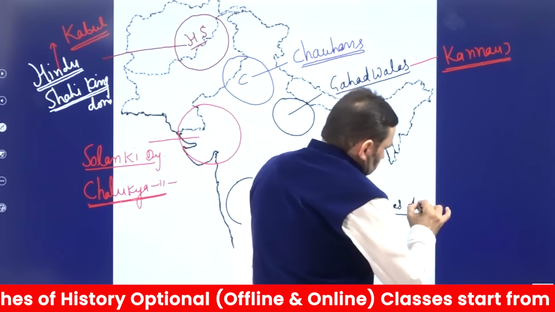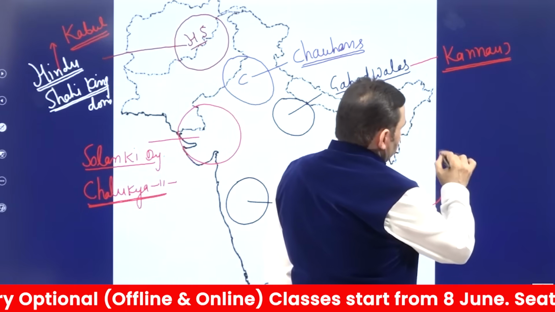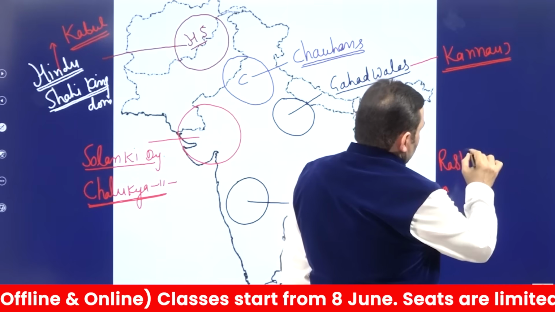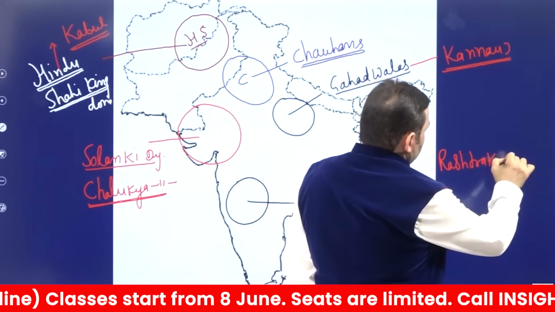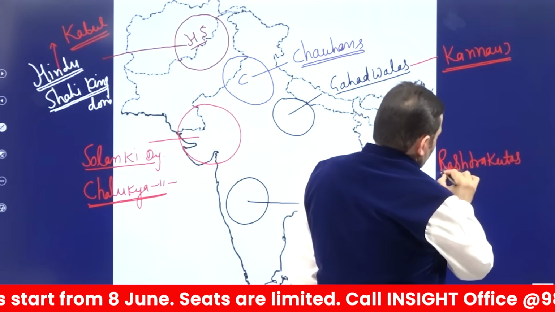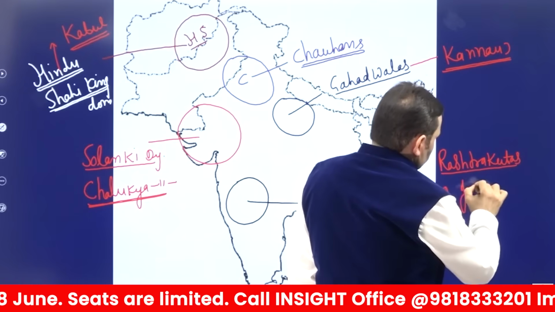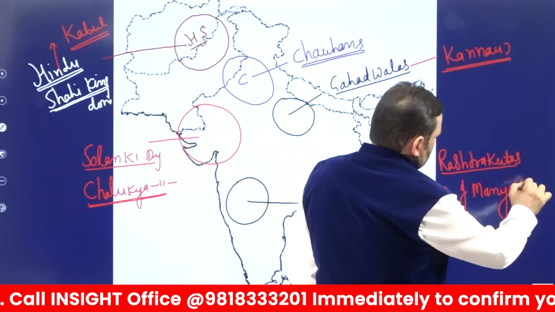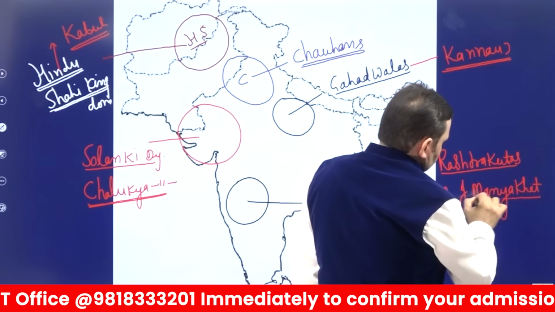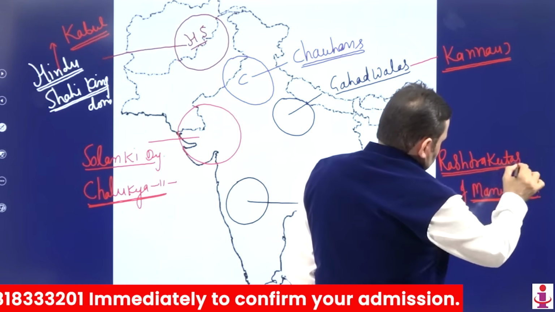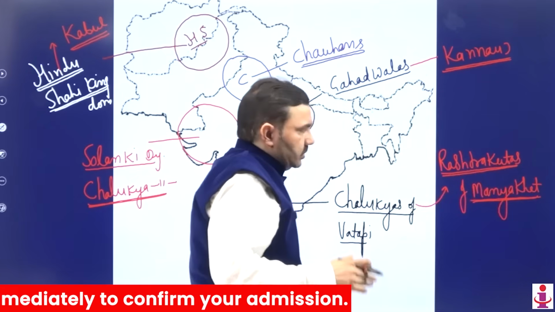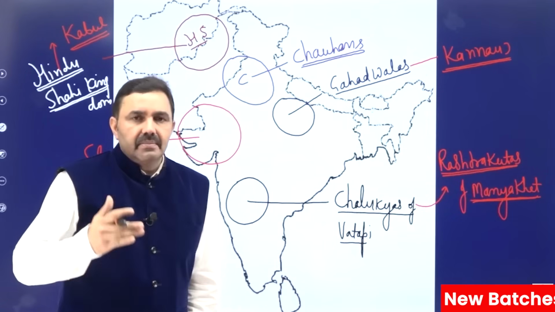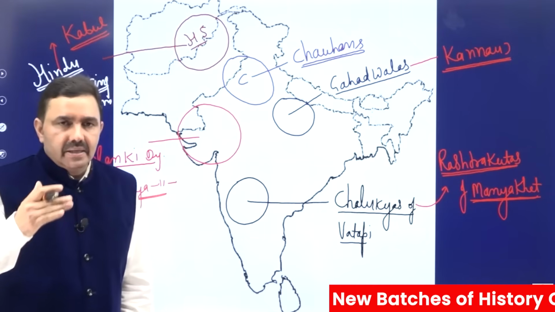And these Chalukyas of Vatapi were followed by Rashtrakutas of Manyakhet. Same Deccan, Manyakhet, also written as Malkhed.